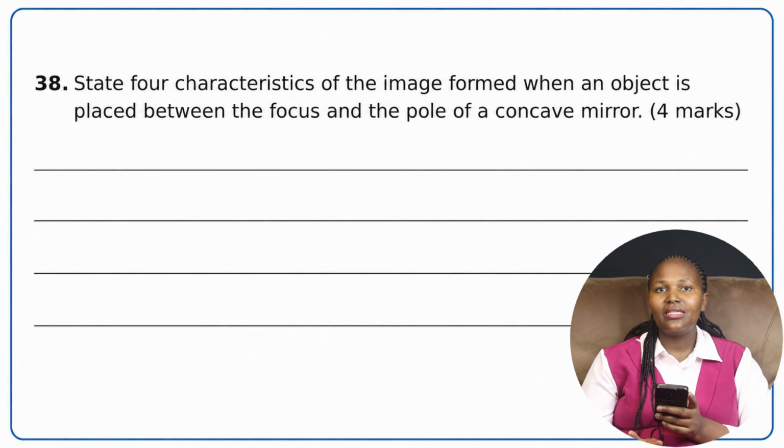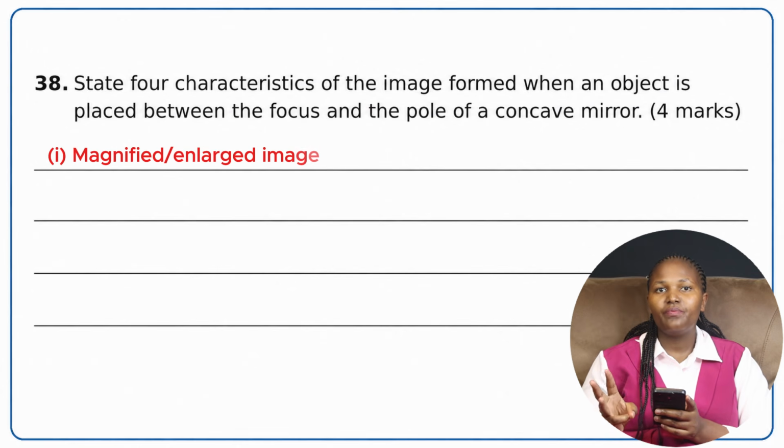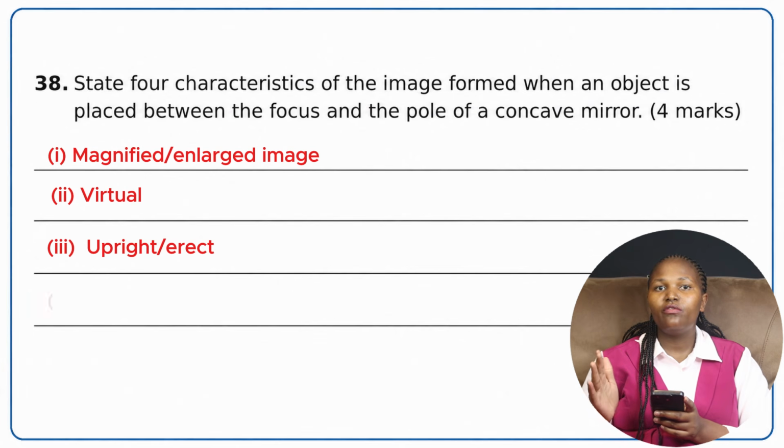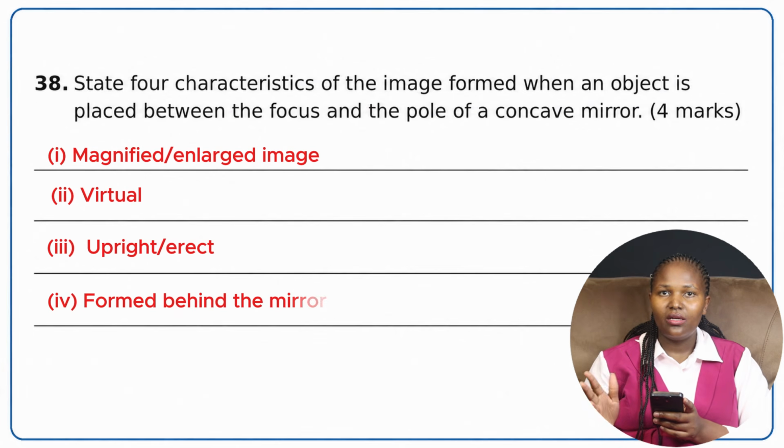We have magnified or enlarged image. The image is going to be virtual. The image will be upright or erect, and the image will be found behind the mirror. Those are the 4 characteristics.